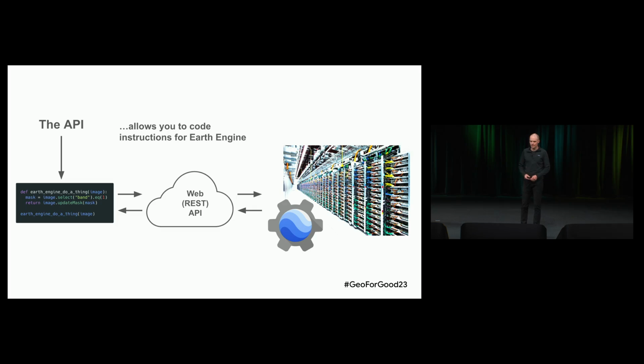And it uses this web REST API to transfer these instructions to the Earth Engine servers. The task might get split up among many servers, and then when they're completed, they'll be put back together. And however I requested the information back, maybe map tiles, or some object that I want to print some information about, that reduction of my analysis gets sent back to the client, and I can do what I like with it.